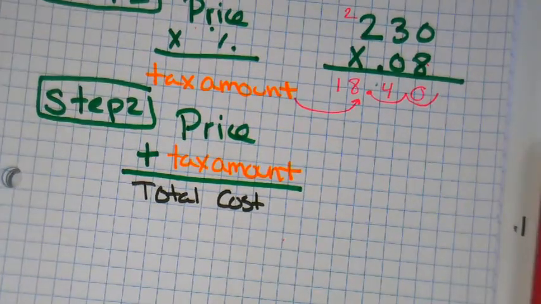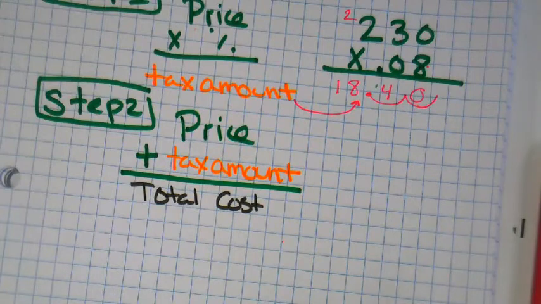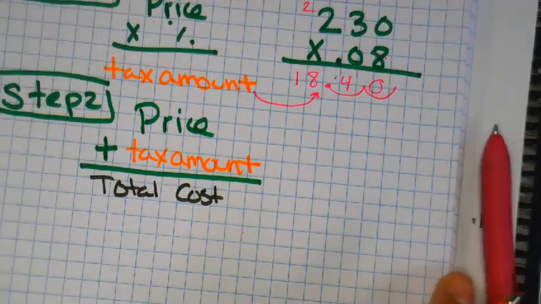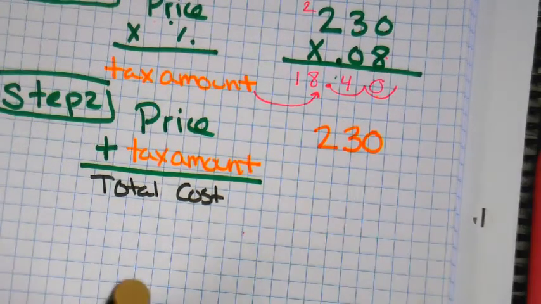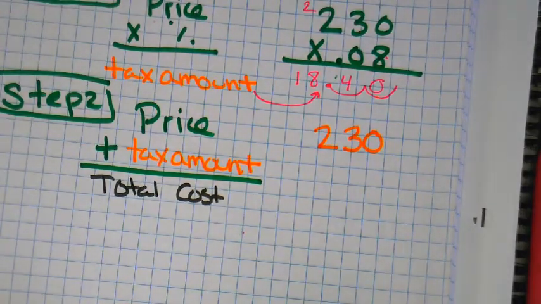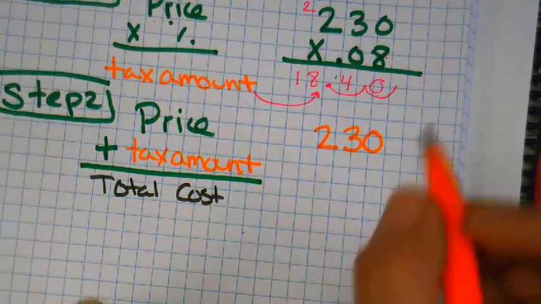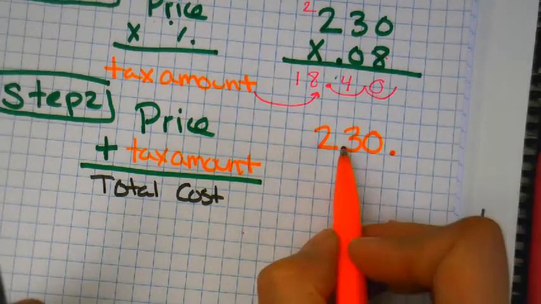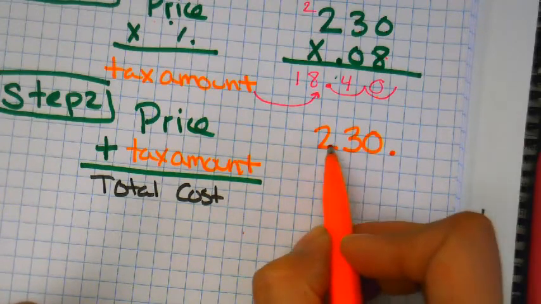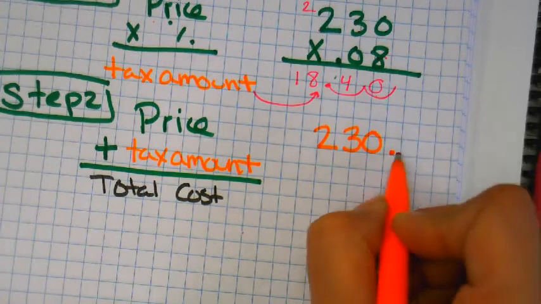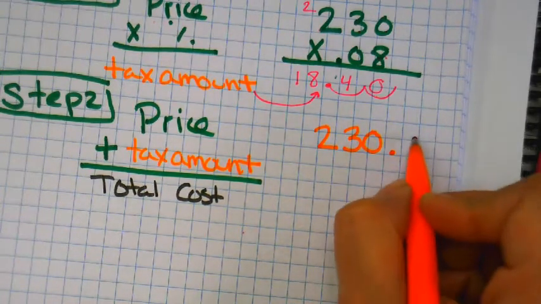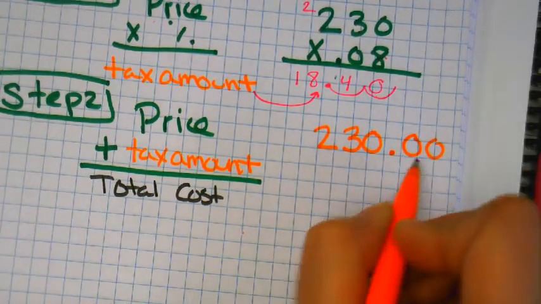So what's our price? $230. Now, where is the decimal on 230? In the back. Don't put it in the middle. Don't put it in the front. Put it in the back. How many zeros should I add in the back? 2. This is $230 with 0 cents.